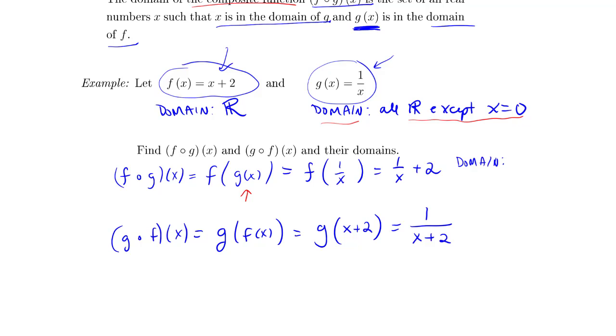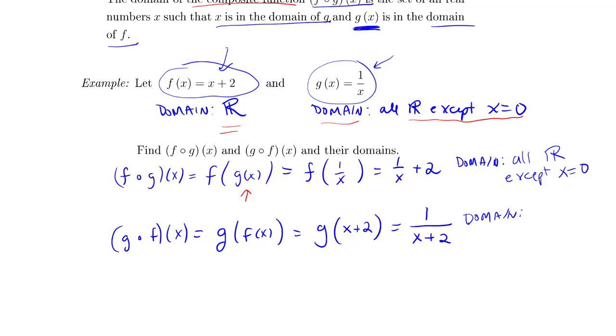So that is a first restriction. Then, when it comes out of g, it goes into f. But f allows everything, so there's no further restriction. So the only restriction I have is when it originally went into g, and so my domain would be all real numbers except x equals 0.